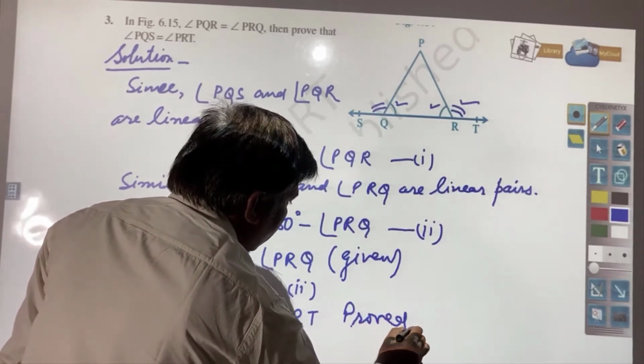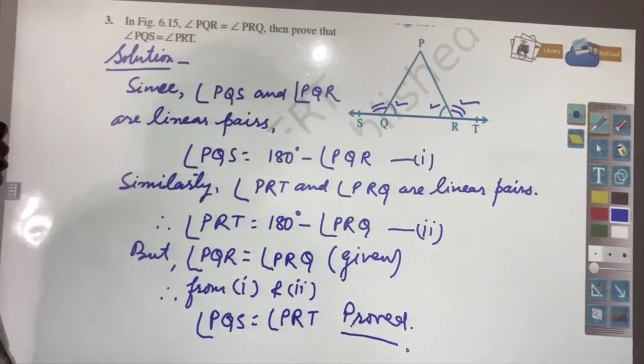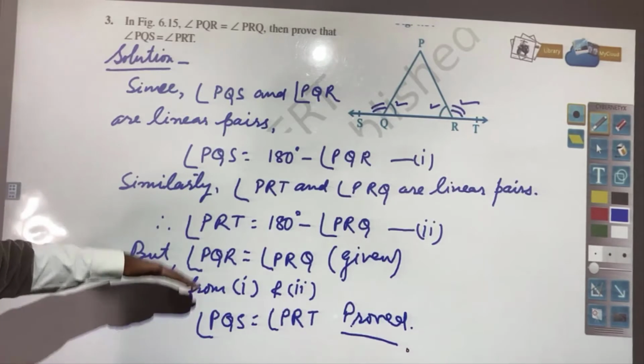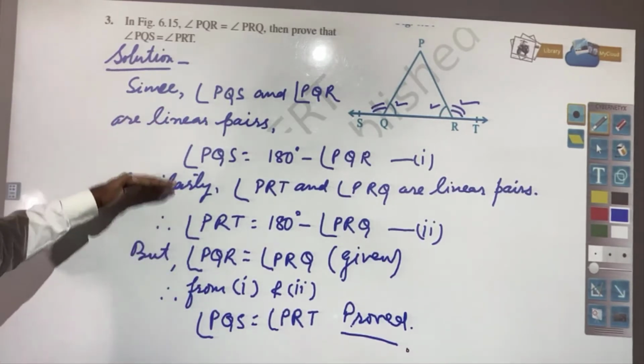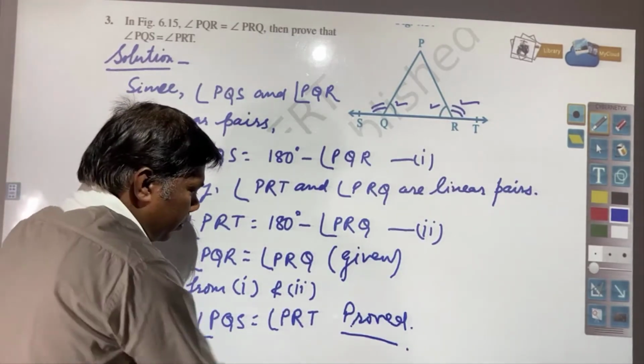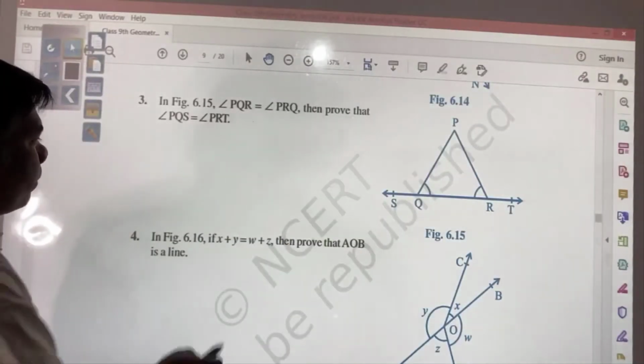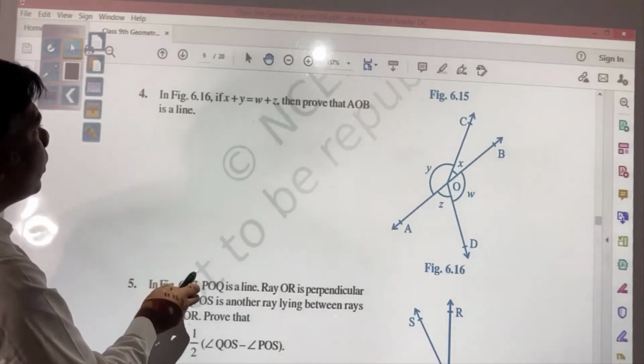In this way you will write. So easy it was. So in this way, proper steps are required to be followed and should be proved. Next question we will see.